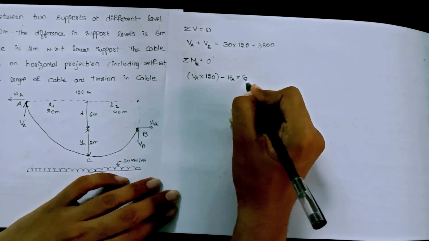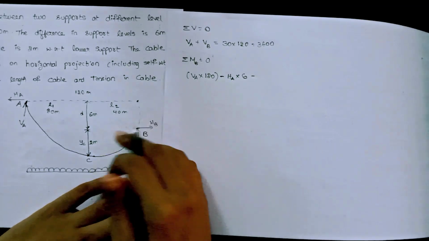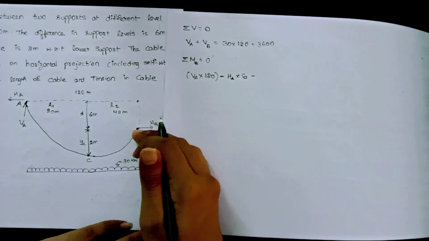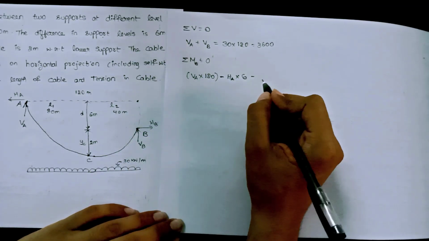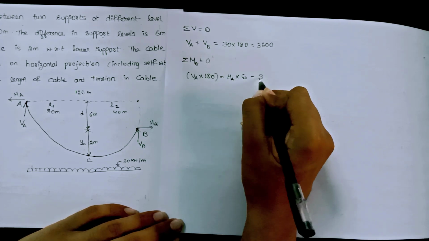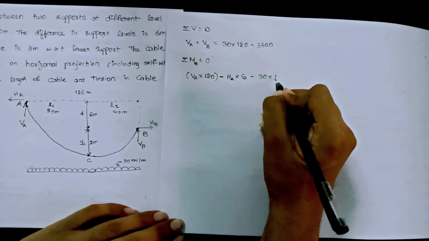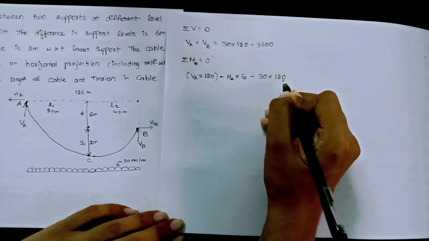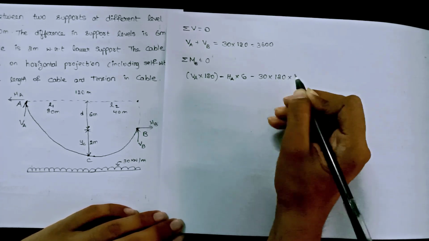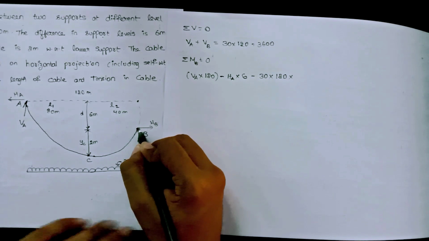So HA into 6. There is UDL which is acting over entire span. So to take moment for the UDL, first of all load intensity into 30, that means load intensity is 30, total length of UDL which is acting, over entire length into 120 from point to center of UDL.